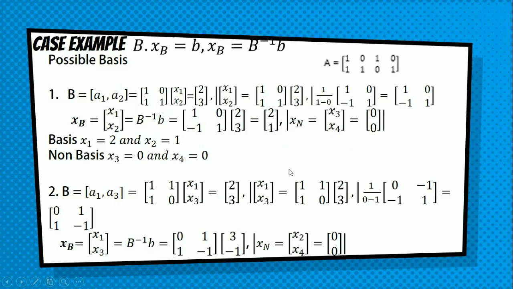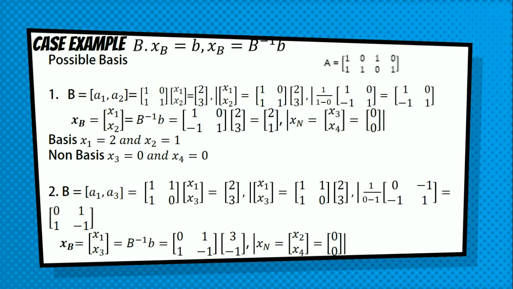Okay, but how about the others? How about x1 with x3? Let's try the same way. A1 and A3 are 1 1 and 1 0, and x1 and x3 equal 2 3, then we invert it. We got 0 1 and 1 minus 1. We multiply it and have the result.